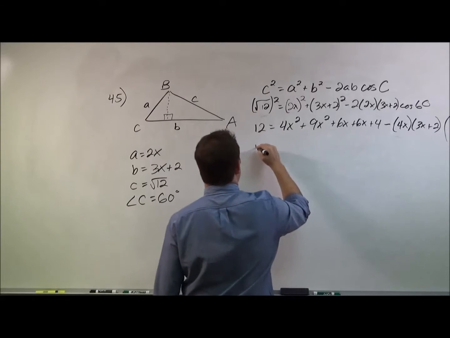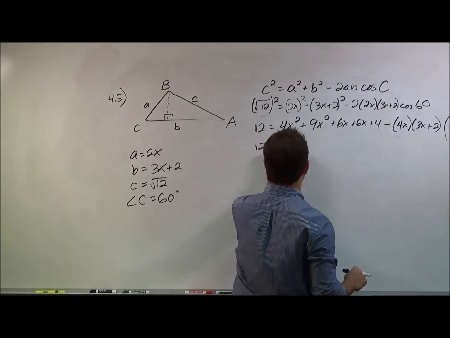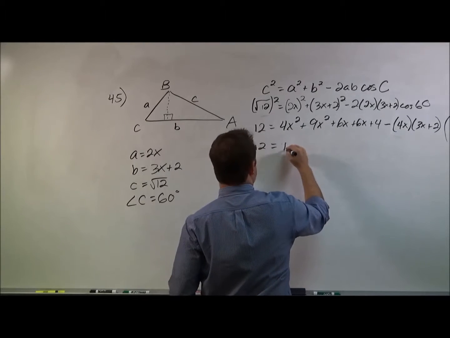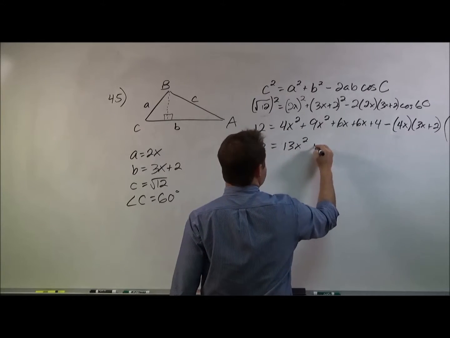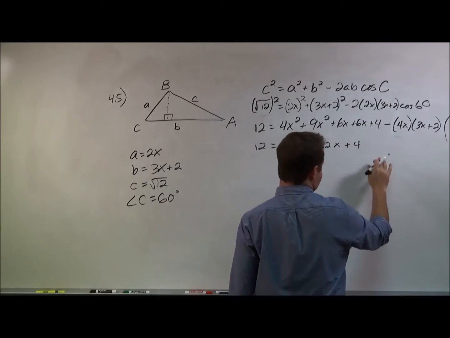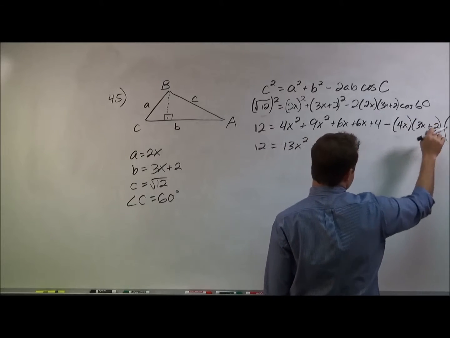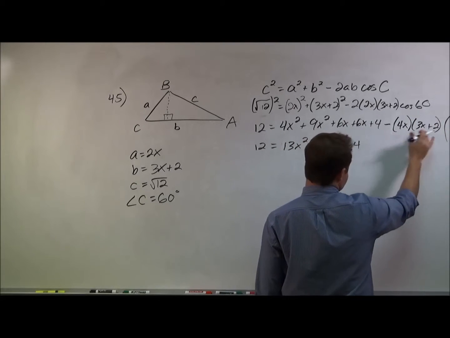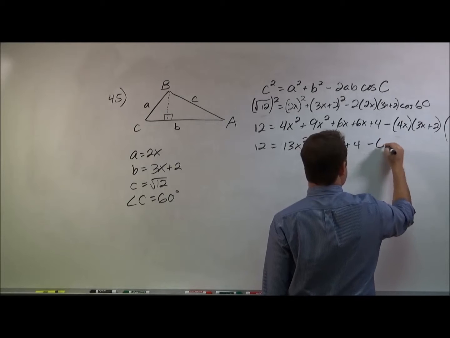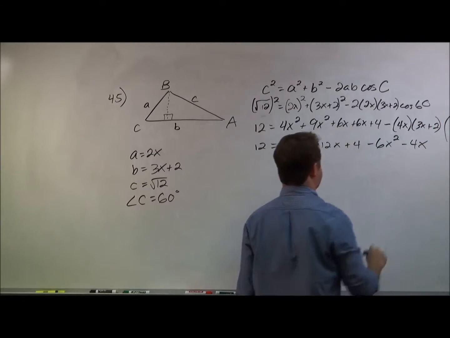From there, we're going to do a little further simplification. 4x squared and 9x squared will give us 13x squared. This will be plus 12x plus 4. And when we multiply everything, 1/2 times 4 is 2x. When we distribute that out, we'll have a negative 2x times 3x, which will be a negative 6x squared, and a negative 2x times 2, which will be minus 4x.